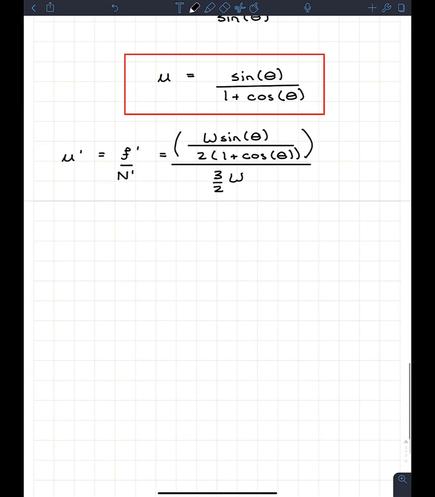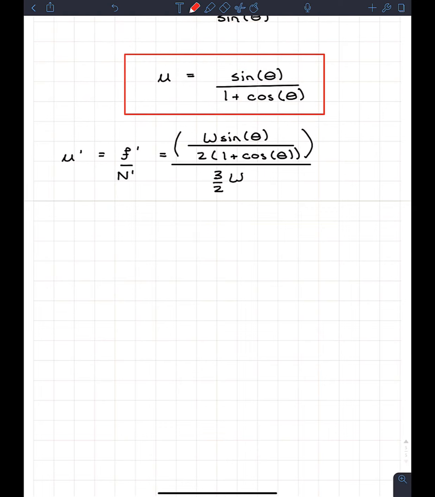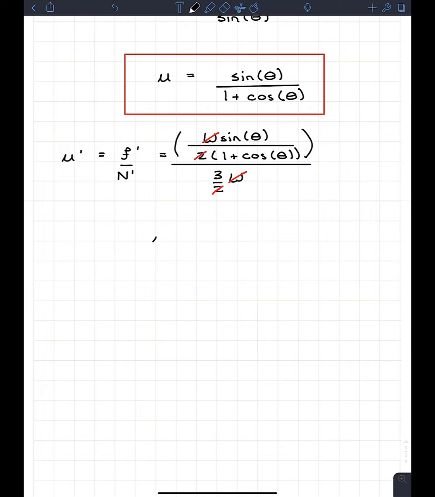So we come down here, and we can see that some things cancel, like the w here and the w here, along with the 2 here and the 2 here. So in the end, mu prime is actually equal to sine of theta divided by 3 times 1 plus cosine of theta. So it's actually the same answer. The only difference is the bottom is multiplied by 3.